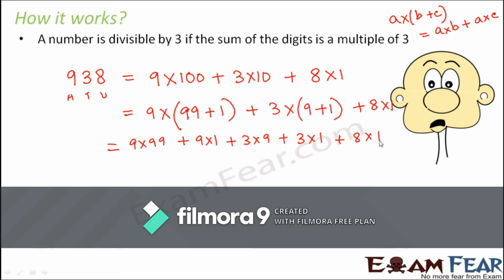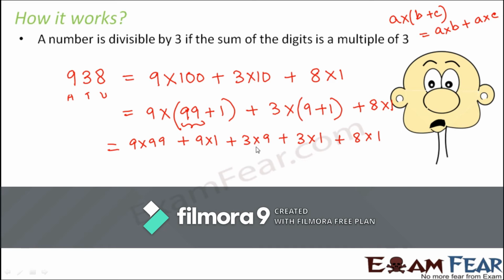Now looking at these terms, very evidently we can say that a few terms are divisible by 3. So what are those terms which are evidently divisible by 3? Since we know that 99 is divisible by 3, that is something which we know for sure, right?